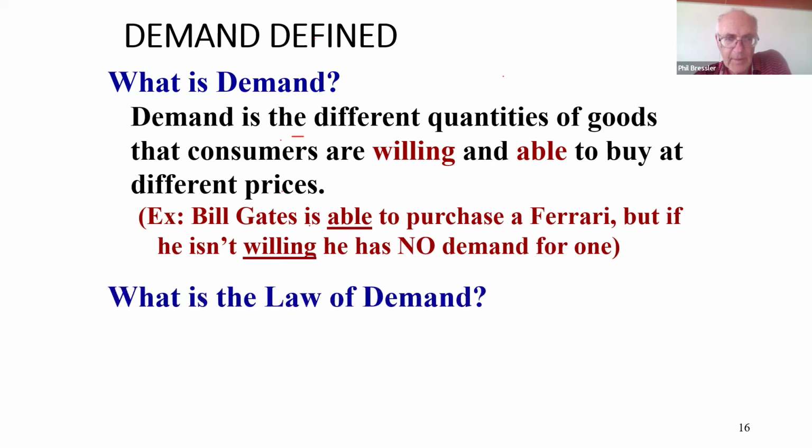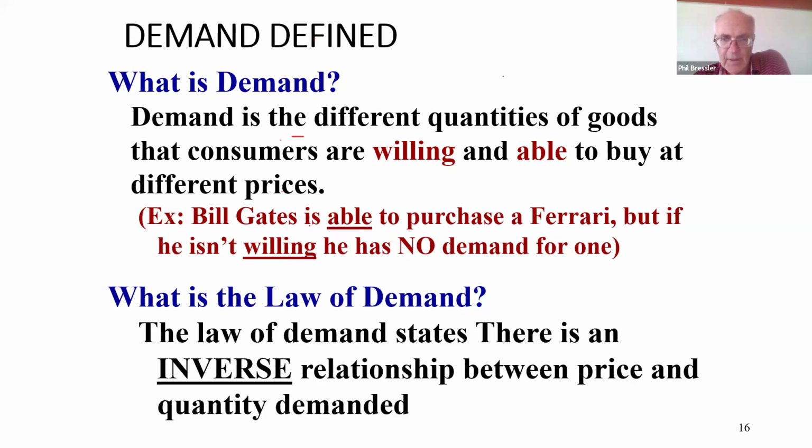All right. The law of demand is a little different. The law of demand states there's an inverse relationship between price and quantity demanded, right? As price goes up, and think of this, like right now, if I said, how many people would want to buy a bottle of Coke for 50 cents, everyone might raise their hand.